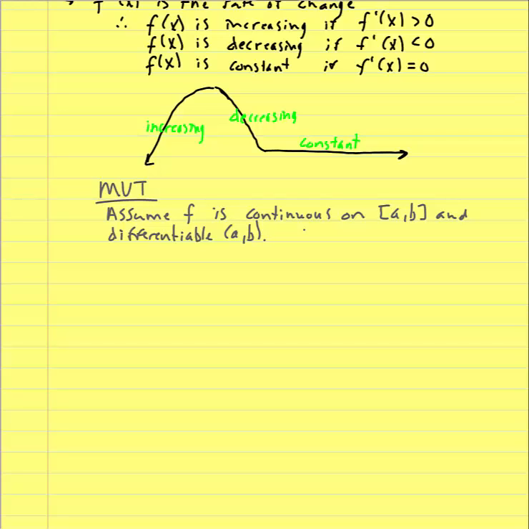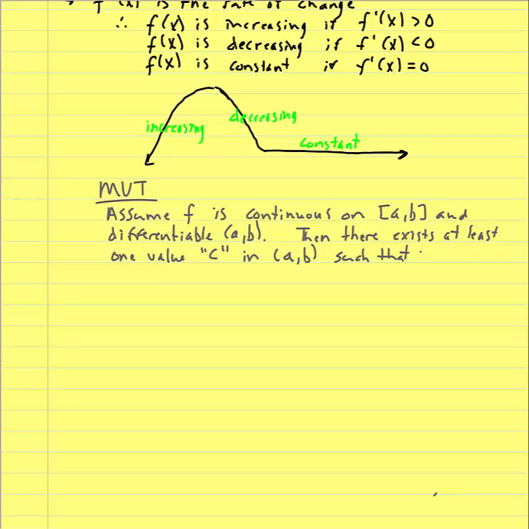If this criteria is met, then I can say there exists at least one value C, so there could be more than one, that is in that open interval such that basically the slope of the tangent line equals the slope of the secant line.